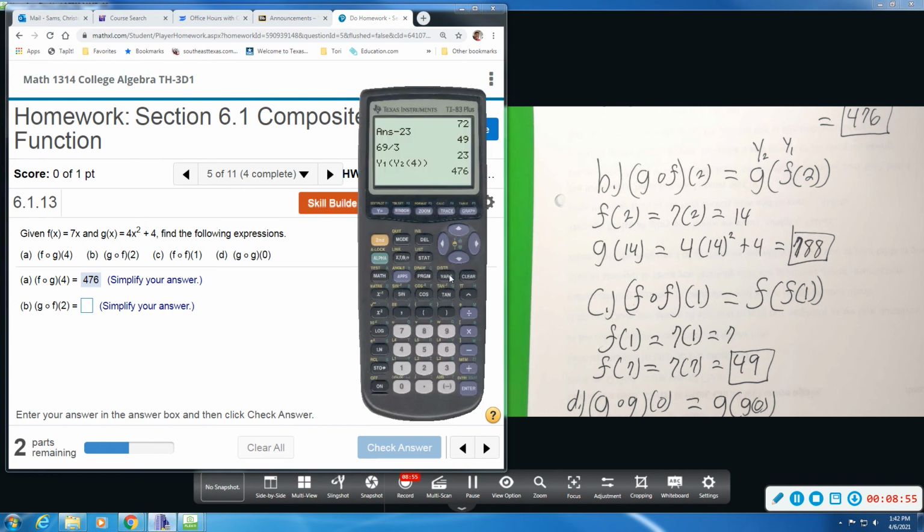We're going to go vars, yvars, function, and then I'm going to go 2 for y2, open parentheses, go back, vars, yvars, function, and I want option number 1. And then in parentheses, this time we started out plugging in a 2. Close twice. Okay, we get 7088. That's what we got here. So it checks out.